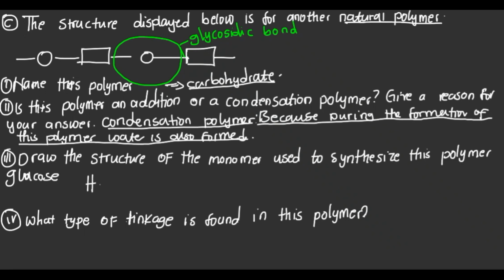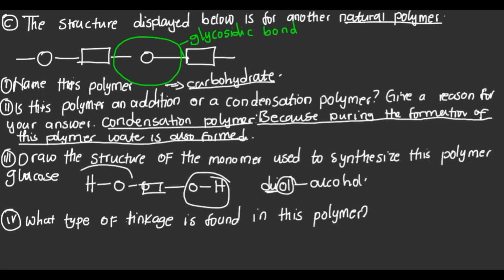The structure is H, then O, then we have the box here, O and H. This is also known as a diol. Di means 2, then O, L indicates an alcohol functional group. So glucose has 2 functional groups. That's why we have this diol.